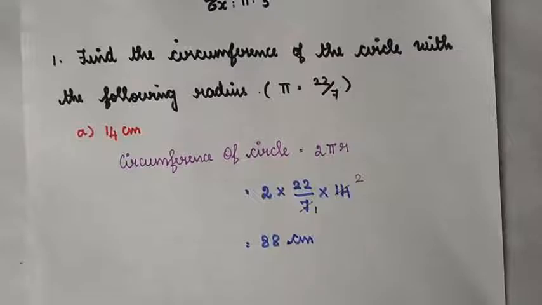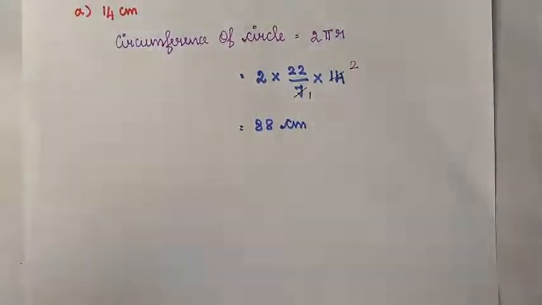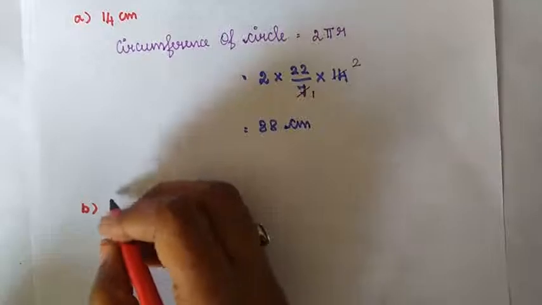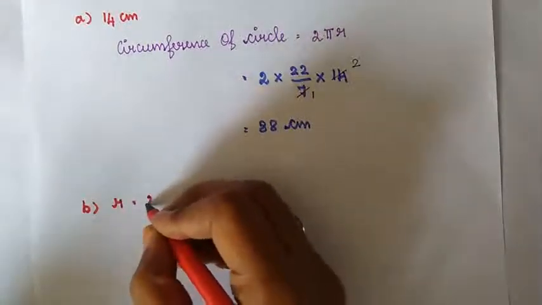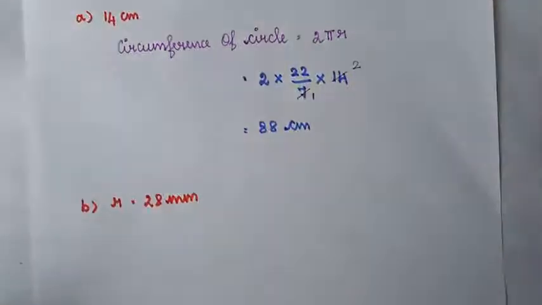Next we have to move to the next subdivision. Take B subdivision. R equal to 28 millimeter.